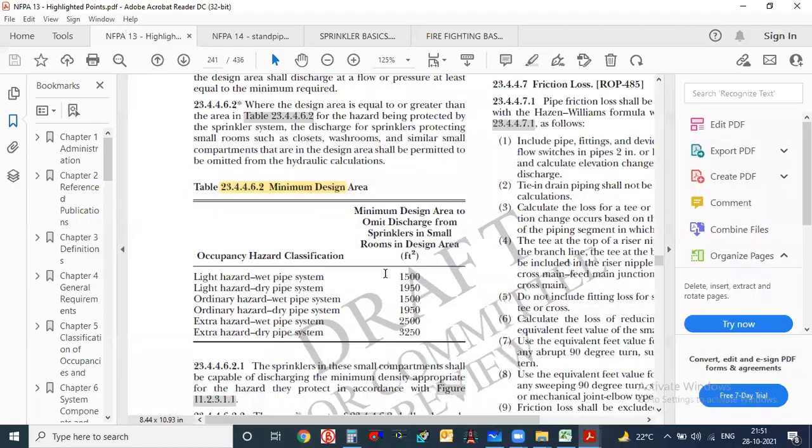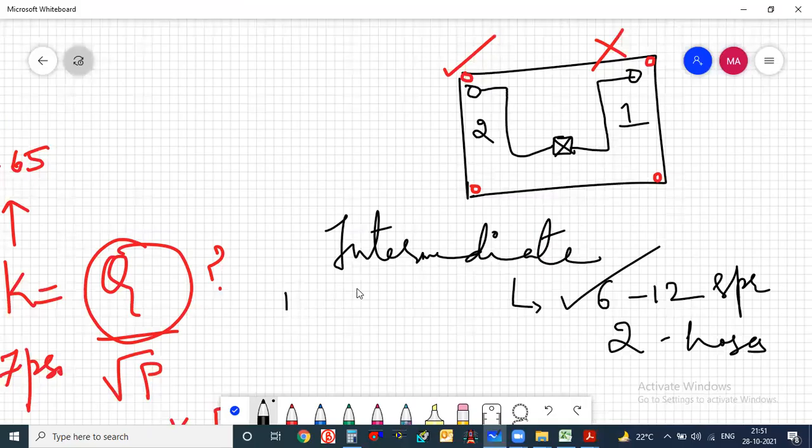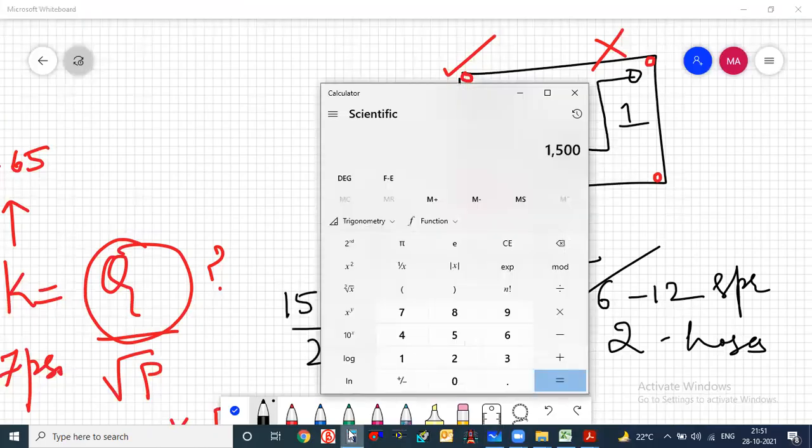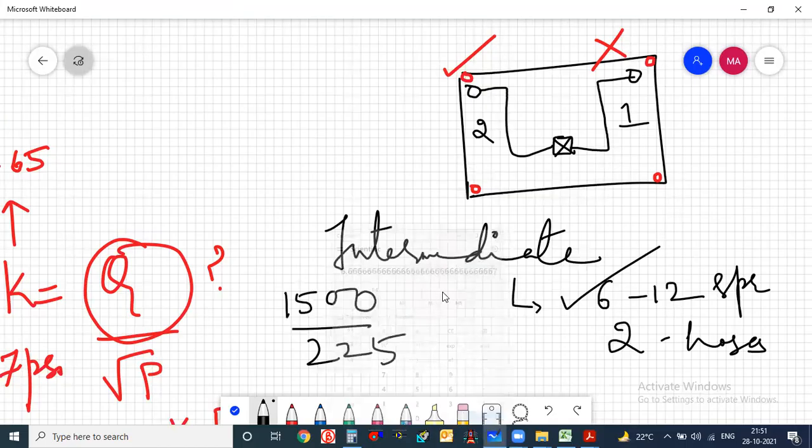Sometimes in your 1500 square feet area, you will get 16 sprinklers. So sometimes you have to do calculation for 16 sprinklers. Sometimes if I follow this particular standard, like 1500 divided by 225, because one sprinkler can cover 225 square feet, I may get 7 sprinklers.